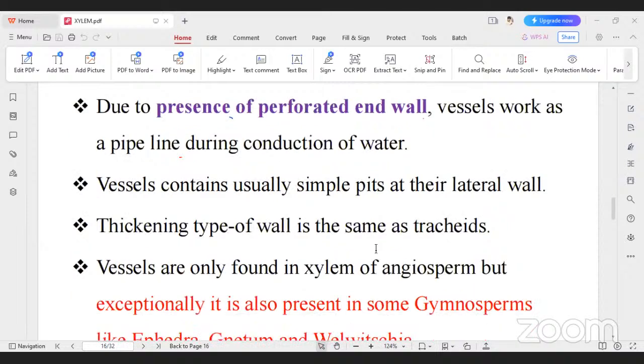What about tracheids? Which type of pits are there in tracheids? Generally, how many types of pits are there? Simple and bordered. Right.